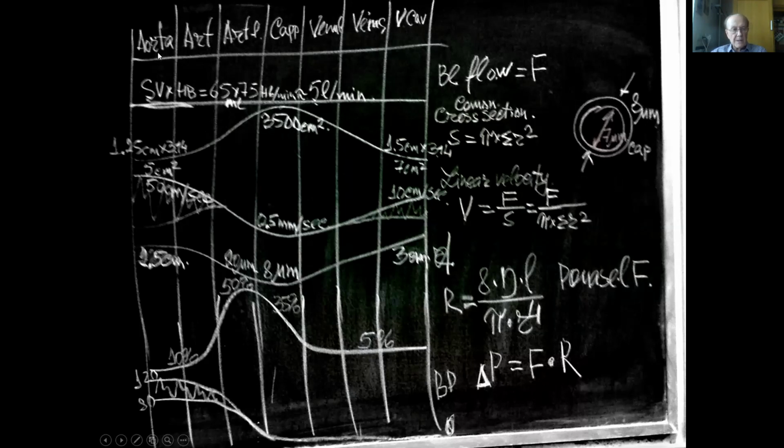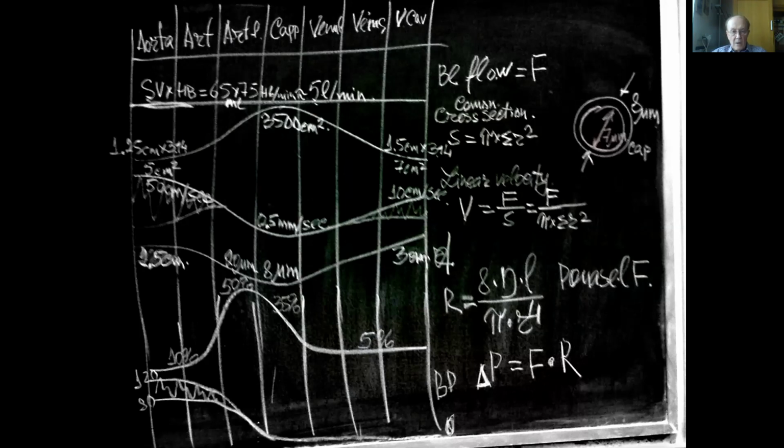You see, this is the aorta, the vascular bed, the different blood vessels: aorta, arteries, arterioles, capillaries, venules, veins, large veins, and vena cava.